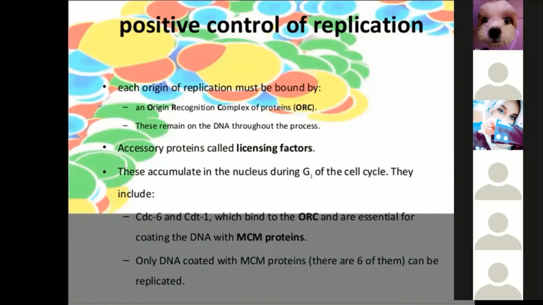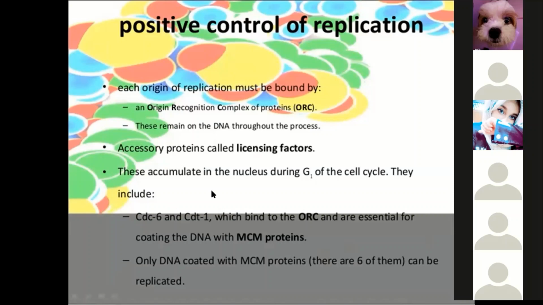So this is about the positive control of replication. Each origin of replication must be bound by an origin recognition complex of proteins, and these remain on the DNA throughout the process. Then there are accessory proteins called licensing factors. Other proteins are already there, and these licensing factors, like I told you CDC6 or MCMs, accumulate in the nucleus during G1 phase of the cycle.